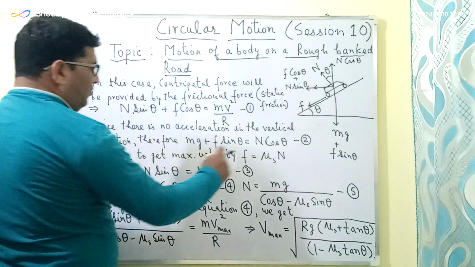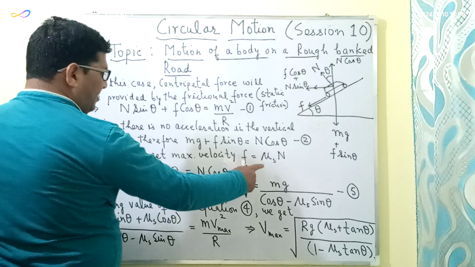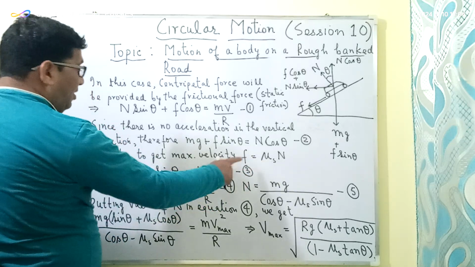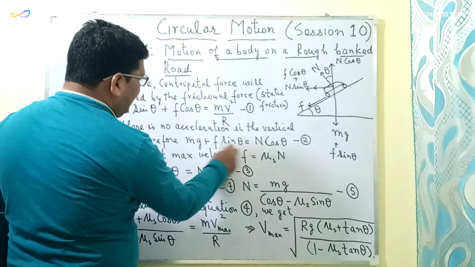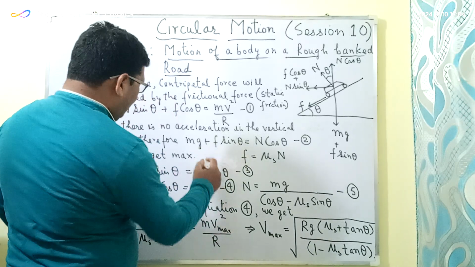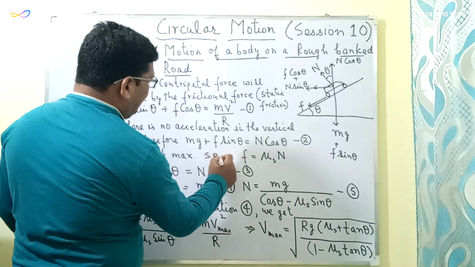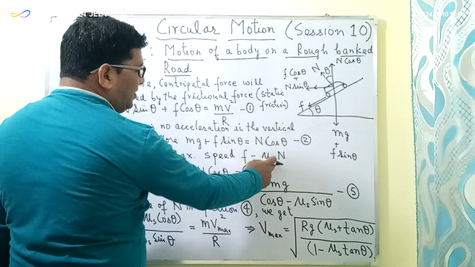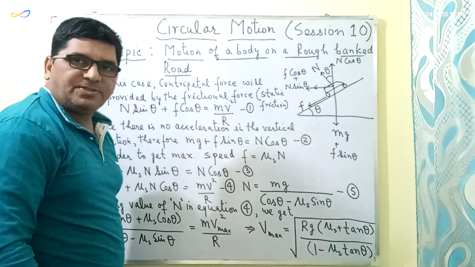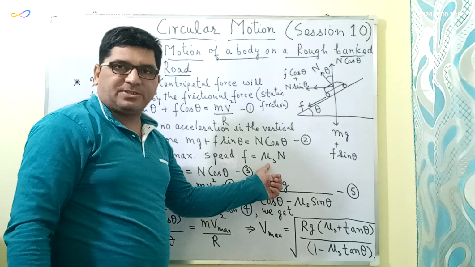Now, in order to get the maximum speed, the force of friction should be equal to mu s into N, where mu s is the coefficient of static friction.